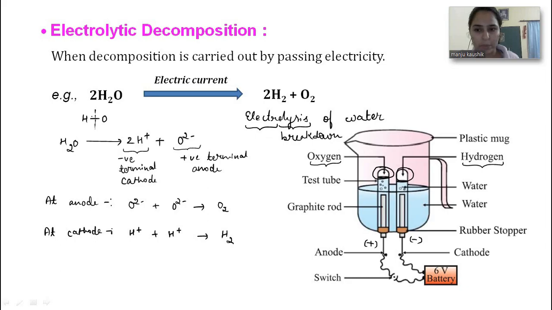So we are breaking down the molecules of water, the bond of hydrogen and oxygen in a water molecule, with the help of electric current, to produce hydrogen molecule, hydrogen gas and oxygen gas. Okay, students.